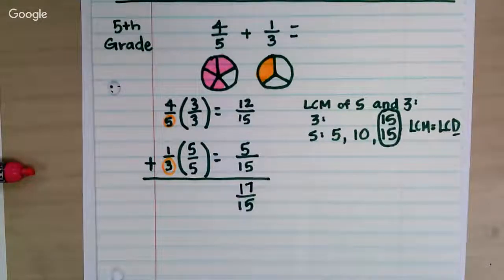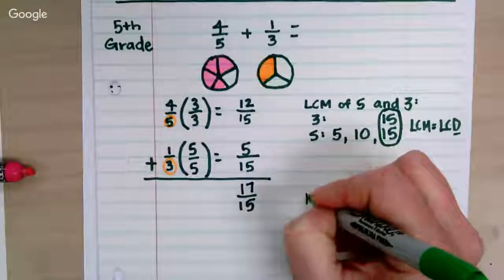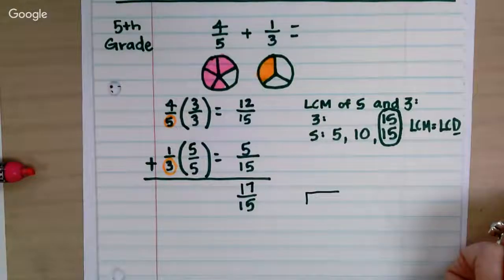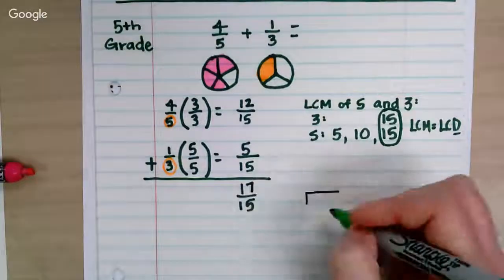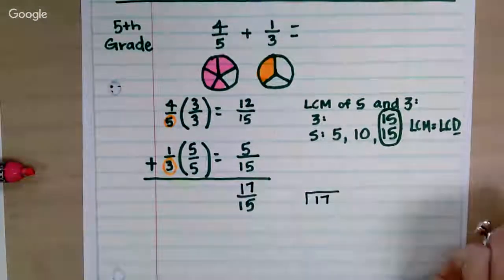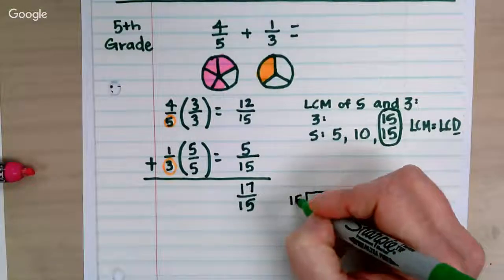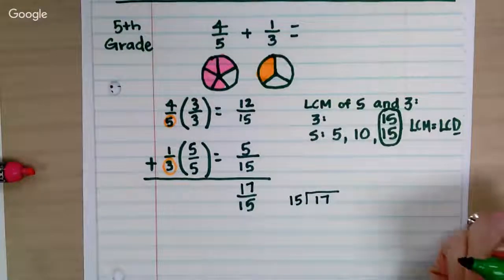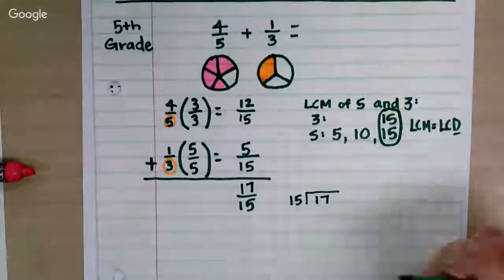17/15. That is a correct answer, but it's not in the best form. I'm going to simplify that, as 17/15 is an improper fraction. The numerator is larger than the denominator, so I know that it's larger than 1. I can simplify that by turning it into a division problem. 17 is going to fall inside the box. 15 is going to slide to the side. And I ask myself, how many times can 15 go into 17?